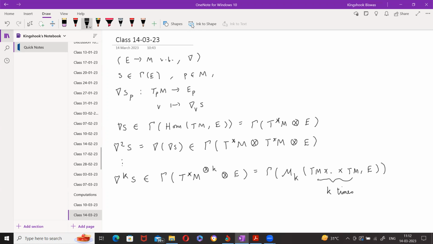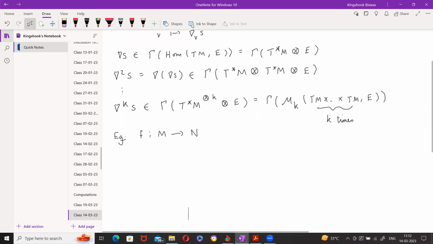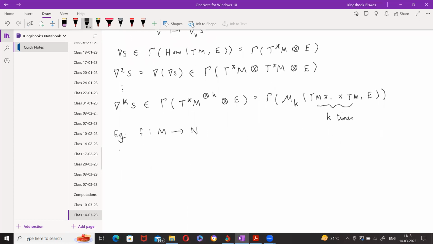So that's what this is. Okay, so for an example, if I take F as a map between manifolds, and I take V as a section of the pullback of the tangent bundle of N, this is a vector field along F. You should understand what these sections of the pullback bundle of the tangent bundle mean geometrically.